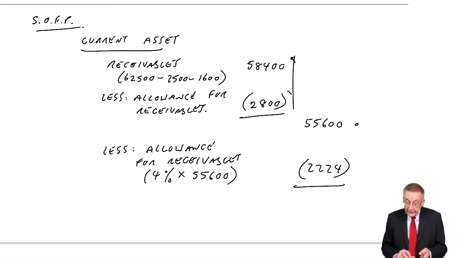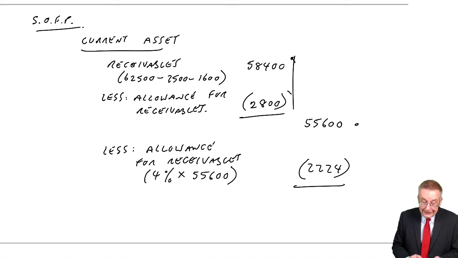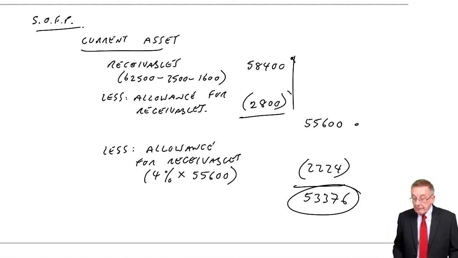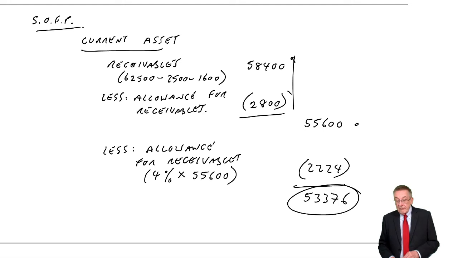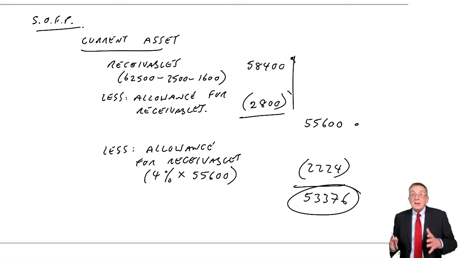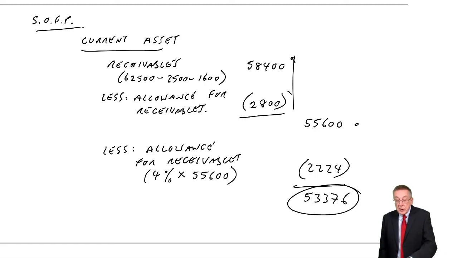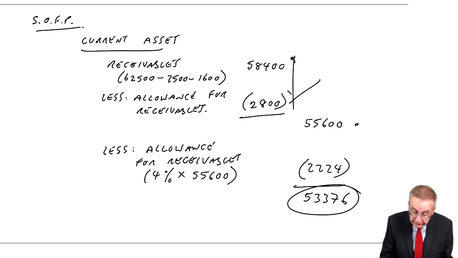Leaving us with a final figure of, hope my arithmetic's right, I think my battery's going, 53,376. So there is the final figure for receivables. We've subtracted those two allowances. The first one we call a specific allowance.